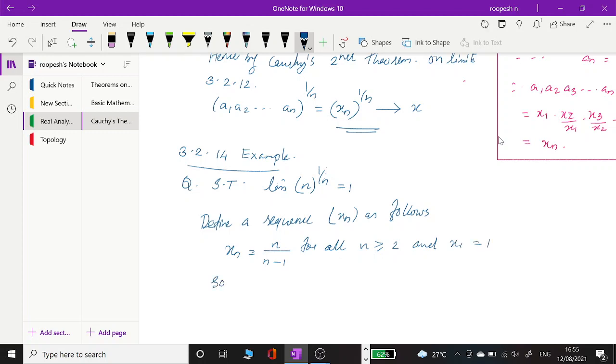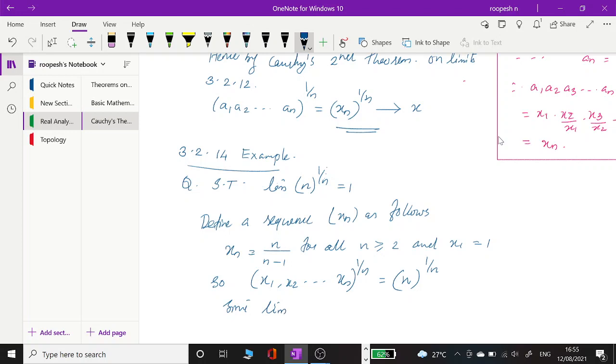So what do we get? x1, x2, up to xn, all thing raised to 1 by n. In the same fashion, only the last term will remain, that is n raised to 1 by n, right?